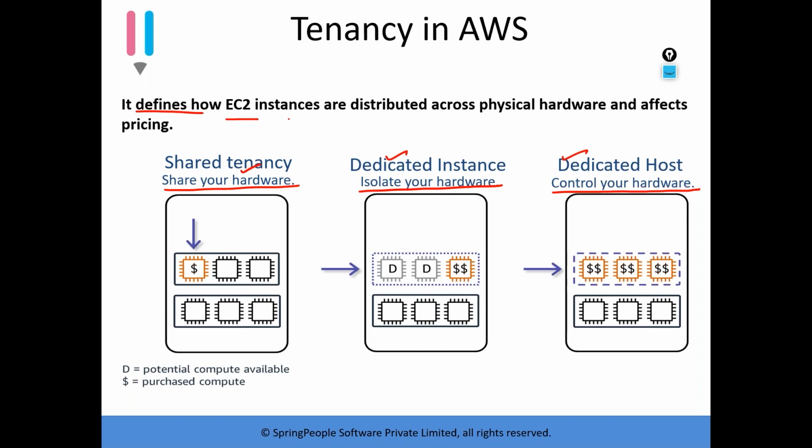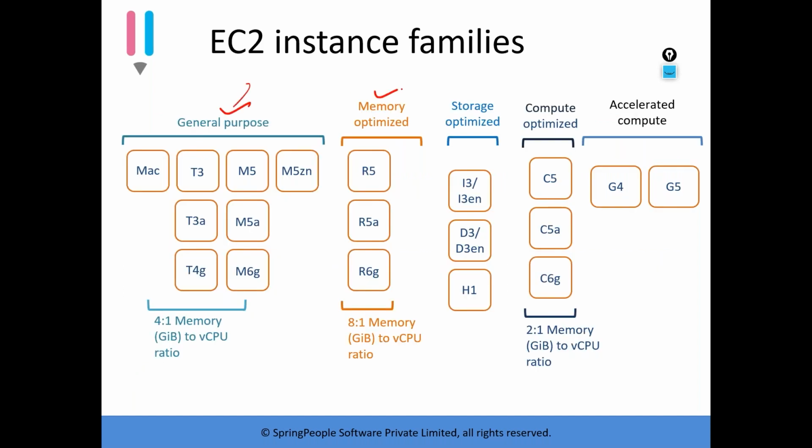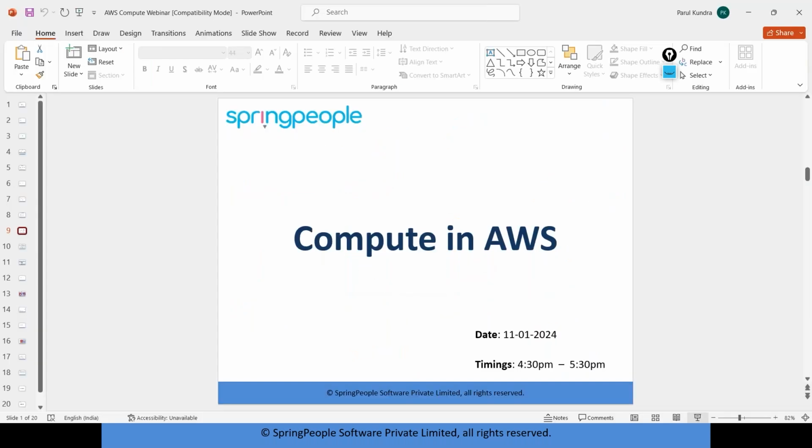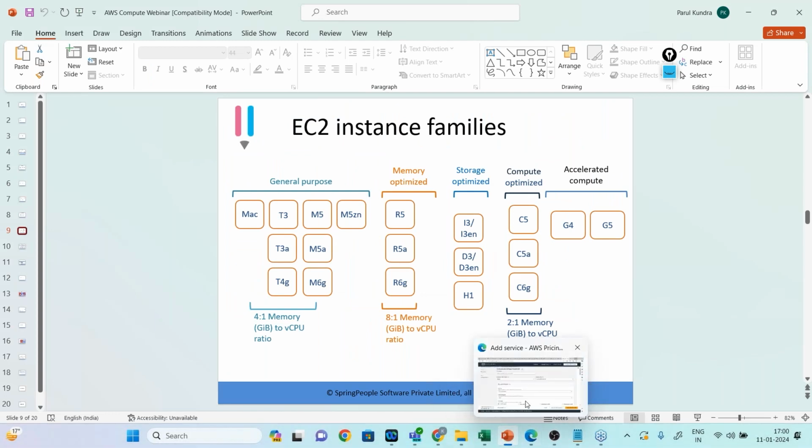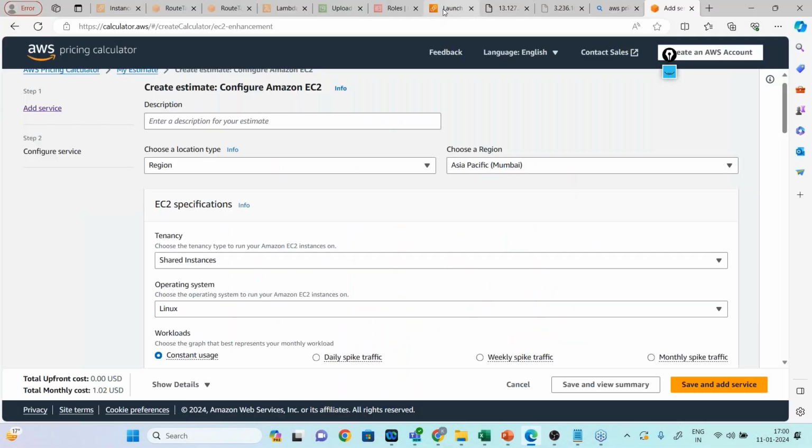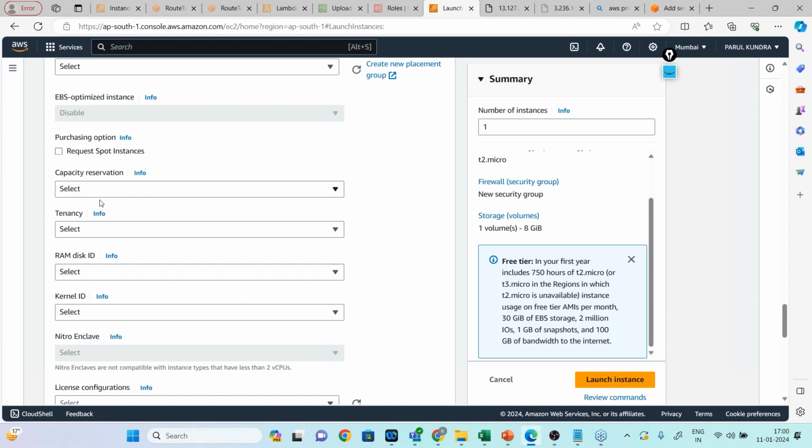It defines how EC2 instances are distributed across physical hardware, and it affects the pricing. That is what I told you. I've also covered general purpose, memory optimized, storage optimized, compute, and accelerated computing. The way I'm teaching you, I'm covering everything. Now I'm going back to launch a system. By default, if you don't select, shared will be selected.